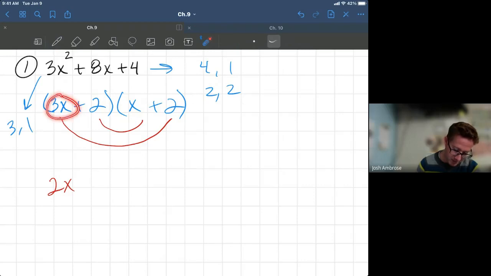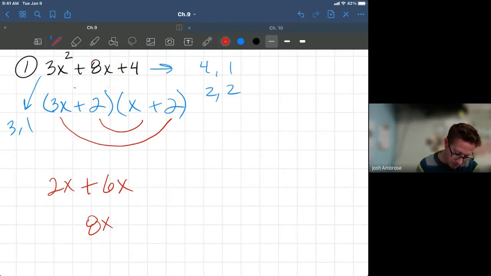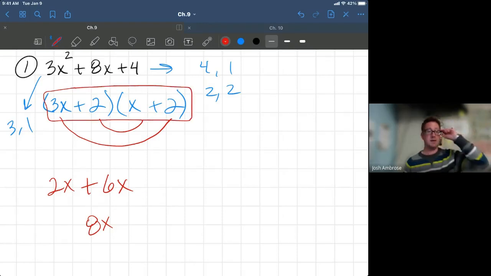What is 3x times 2? That is a positive 6x. And let's figure out what 2x plus 6x gives us. Magic right there. It is 8x, and that is what we want, 8x. So that tells me that we have the correct factors right there. Check it with the double smiley face. All right, let's move on.